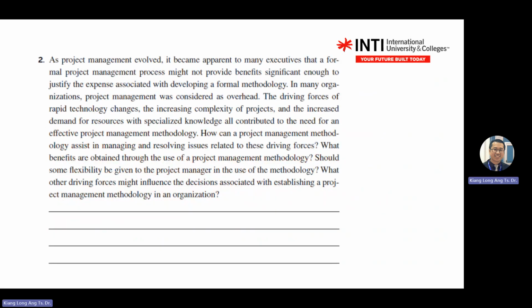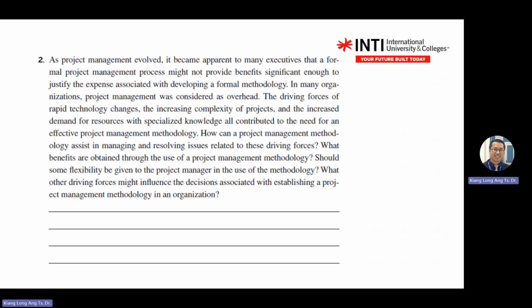If this one is a bit lengthy, you read through. This one is more on project management evolving. You read the passage. So the question asks you, how can a project management methodology assist in managing and resolving issues related to these driving forces? So what are the driving forces? You read above.